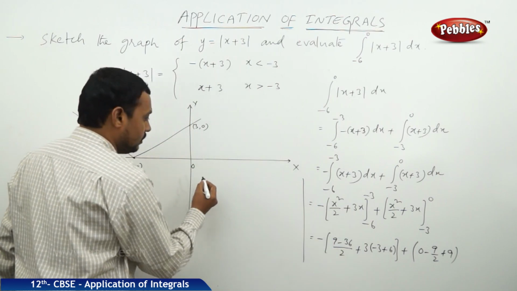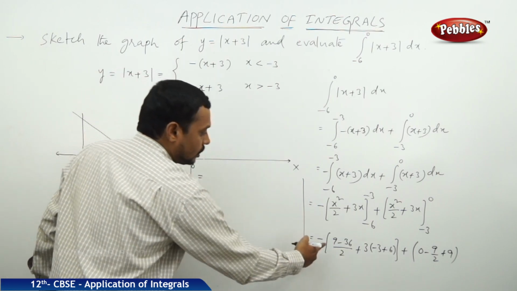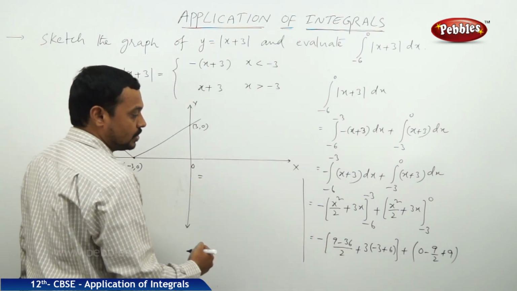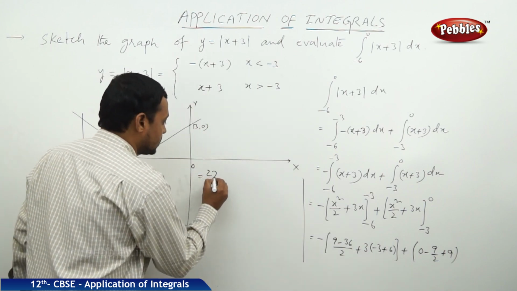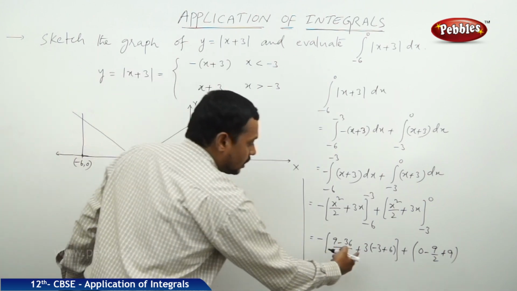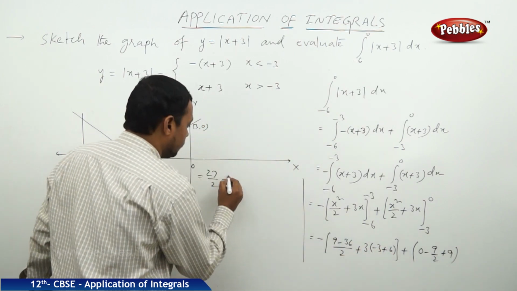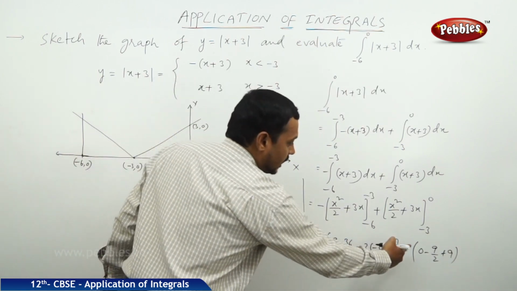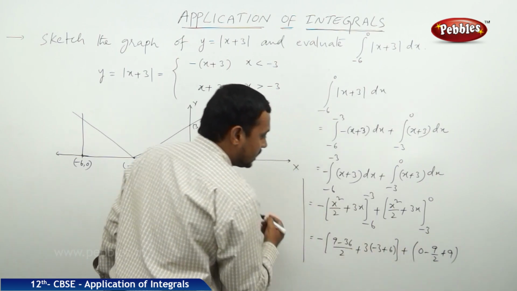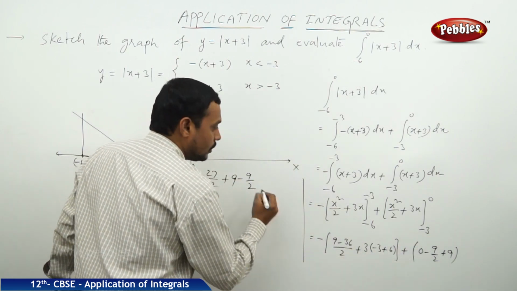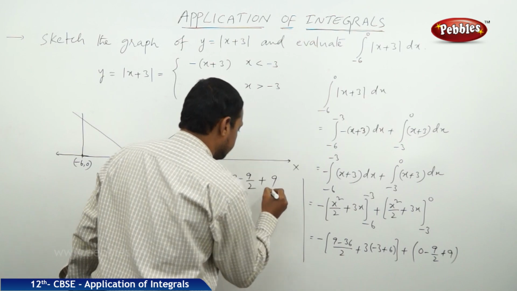Now I'll continue here. This is equal to 9 minus 36 minus 27 with minus sign, plus 27 by 2, and minus 3 plus 6 is equal to plus 3 into 3, 9, and that is minus 9 by 2 and plus 9.